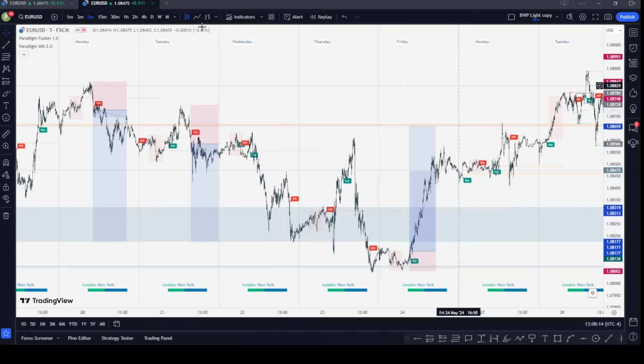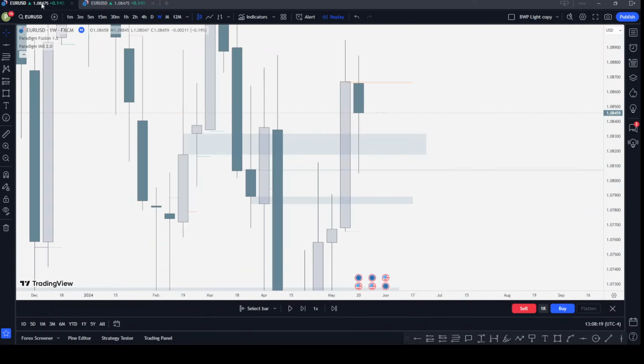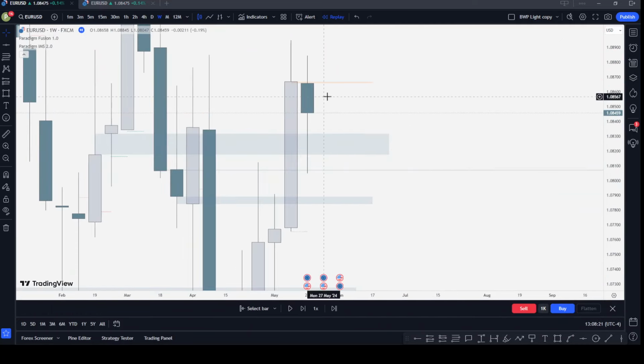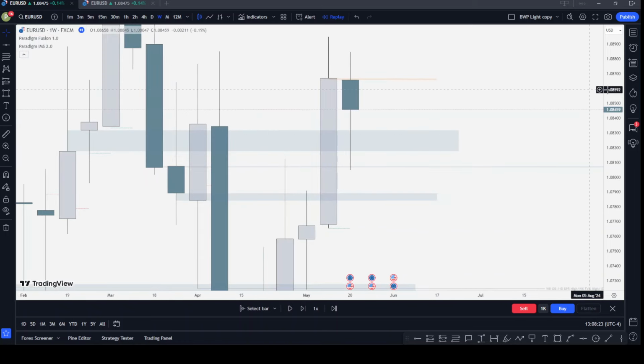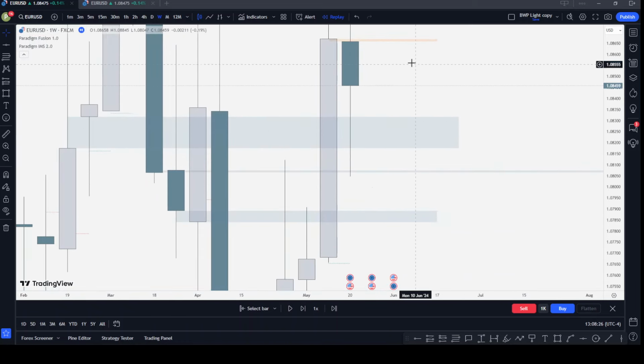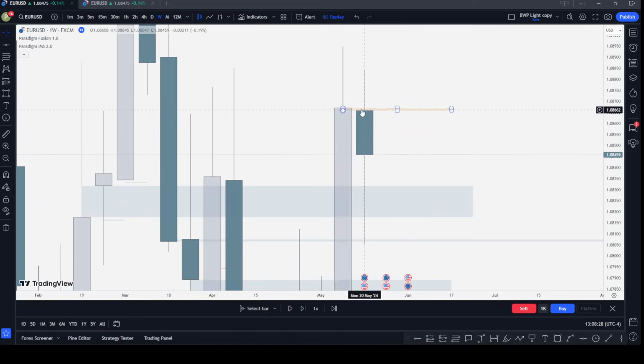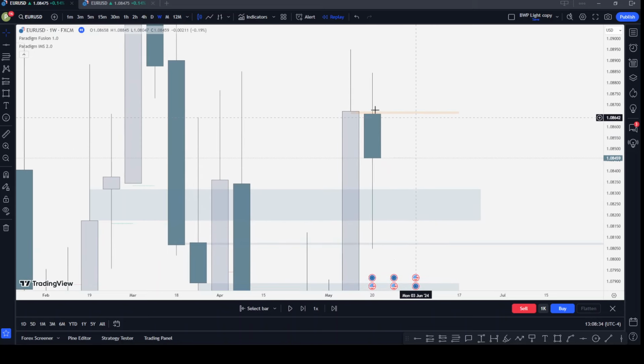Okay, so let's go back to the weekly and do our analysis for the next week. This is one that I marked. This is one that I traded on a challenge that I'm currently taking with my funded FX. So at the start of this week, you want to mark out your new week opening gap.